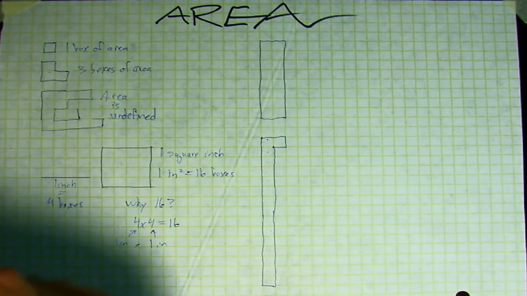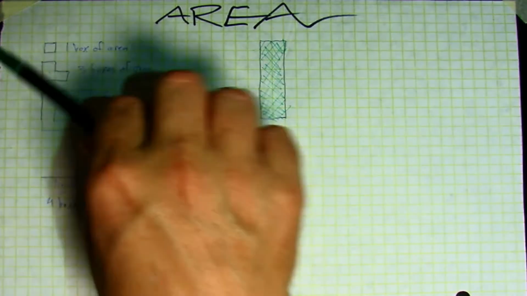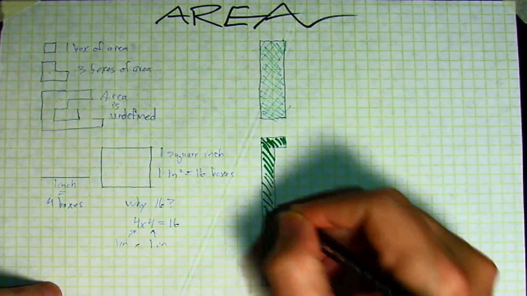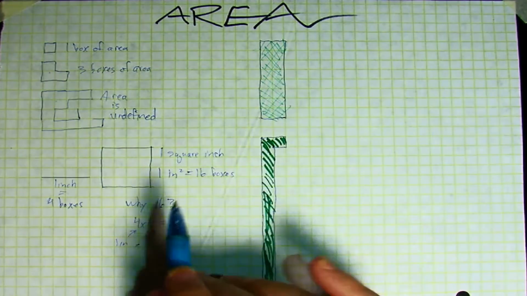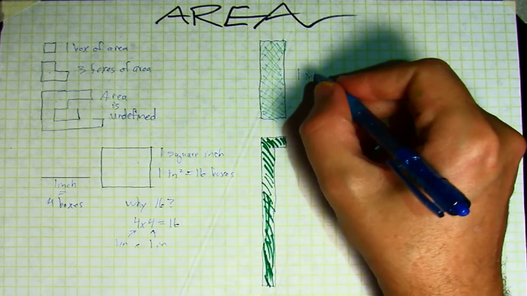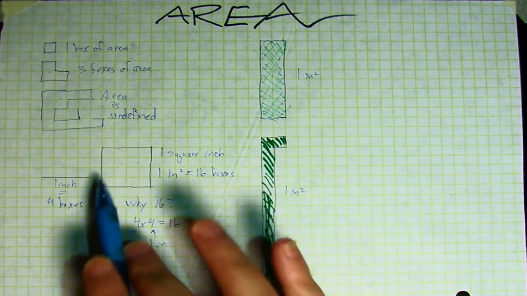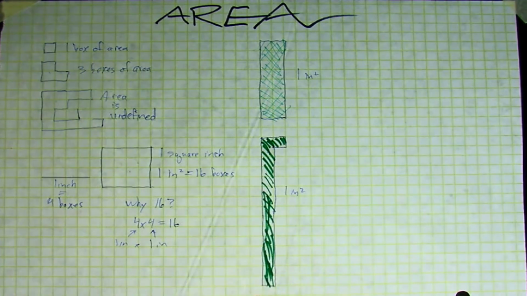So let's just take a moment and shade these in a little bit. So even though the shape is different, it's still 16 boxes. So this is still 1 square inch, and this is still 1 square inch. No matter how we arrange this area, if it takes up this much space in 2 dimensions, it is going to have 1 square inch of space.